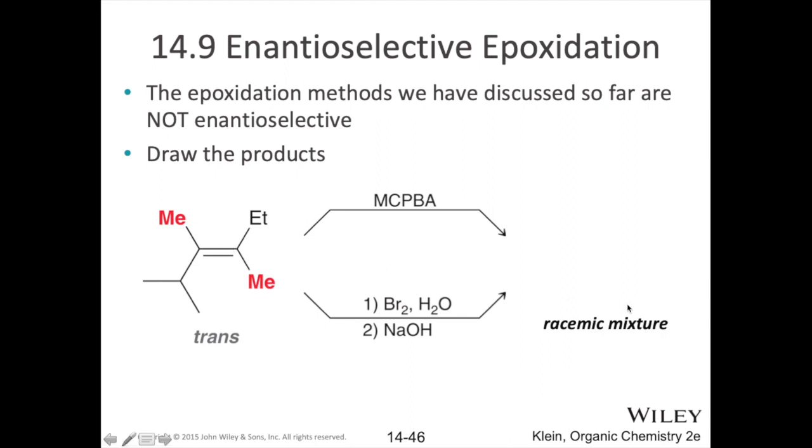And since there's nothing that controls what side the epoxide adds on, you're going to get a mixture of both enantiomers. You're going to get a racemic mixture. This is true for whichever method you use. I've been talking mostly about using a peroxy acid, but the same would happen with our bromine, with our halohydrin.